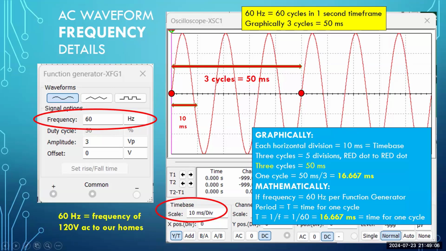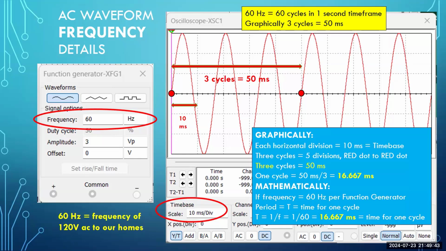That's the time base given in the red oval. 3 cycles takes up 5 divisions of your screen from red dot to red dot. 3 cycles calculates to be 50 milliseconds wide. Well, that's for 3 cycles. We are interested in the time for 1 cycle. So 1 cycle would be, as you've already surmised, the 50 milliseconds divided by 3. And so graphically, we determine that 1 cycle is 16.667 milliseconds.